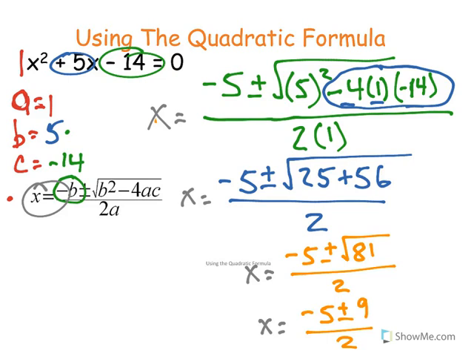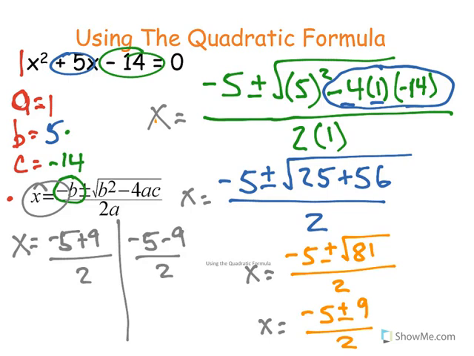So my solution right now is negative 5 plus or minus 9 divided by 2, which means one solution is x equals negative 5 plus 9, and that whole expression divided by 2. And the other one is going to be negative 5 minus 9 divided by 2.